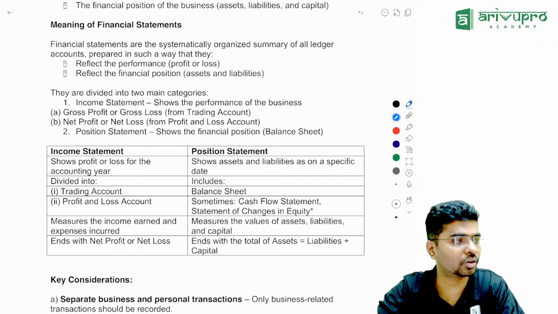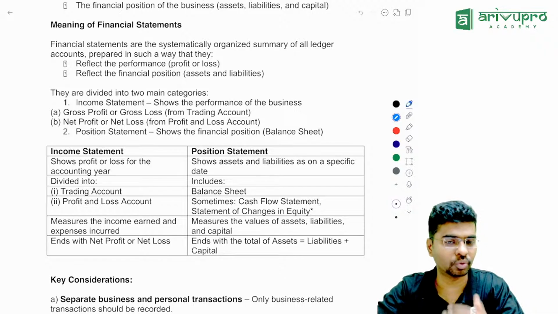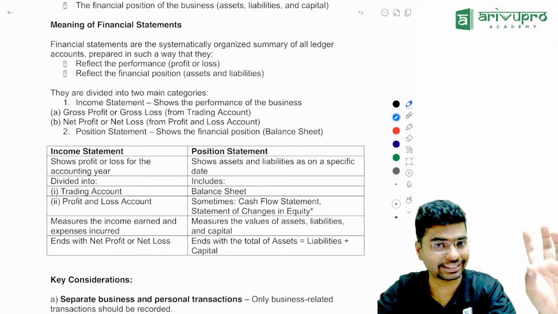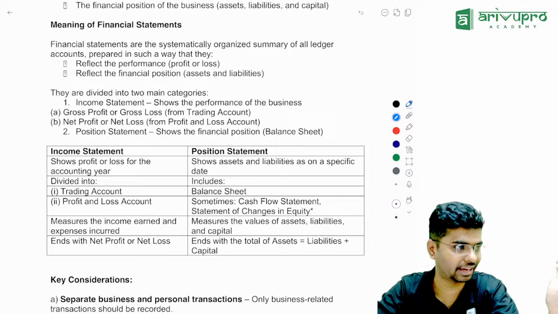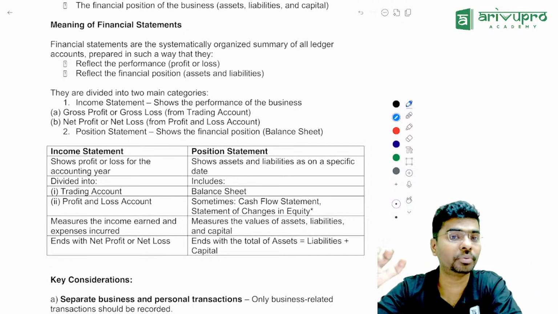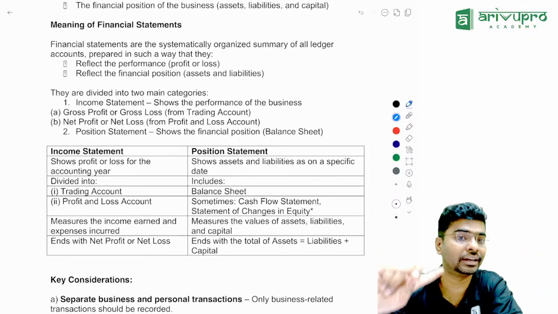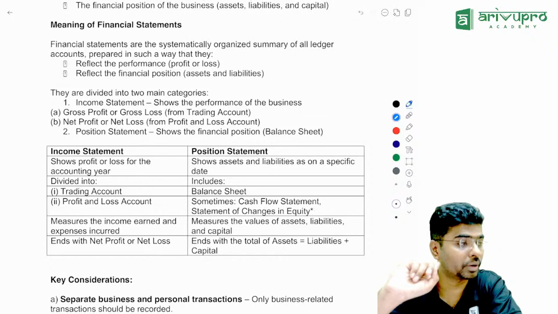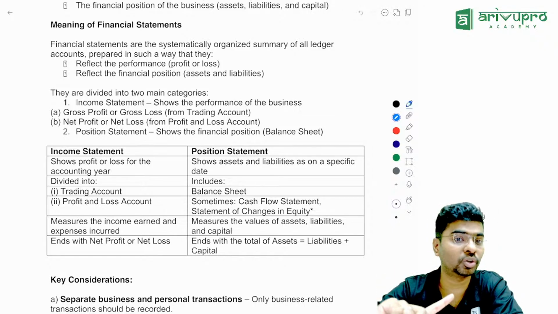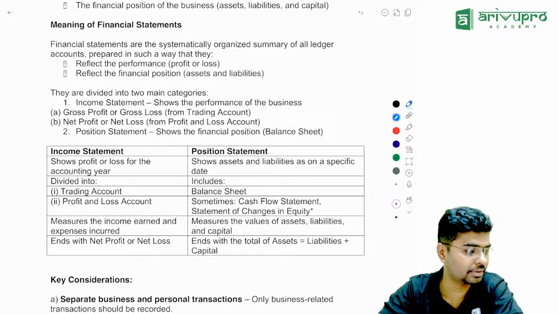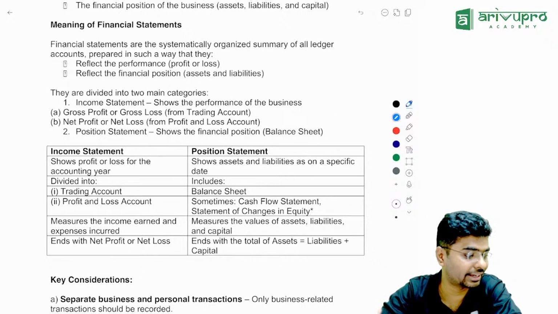In the profit and loss account, from the direct profits that I have, I will accommodate indirect income and indirect expenses. So my profit and loss account talks about indirect income and indirect expenses. Are you clear till here?